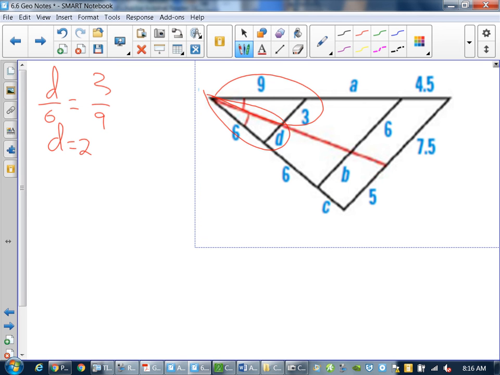You okay with that? Now I'm going to erase this so we have a little bit more space. Put a 2 here. Now I go again.